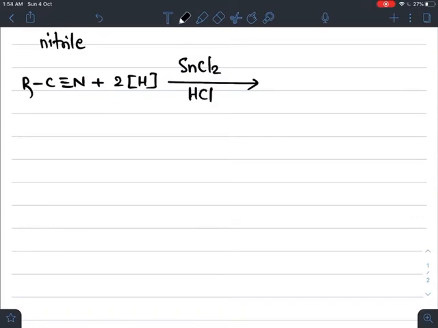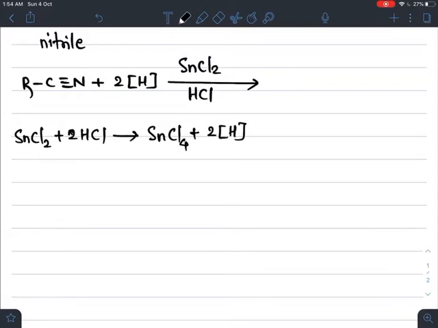Actually, this SnCl2 stannous chloride when treated with hydrochloric acid HCl forms SnCl4 with removal of two nascent hydrogens. These two nascent hydrogens are used for the reduction of this cyanide.